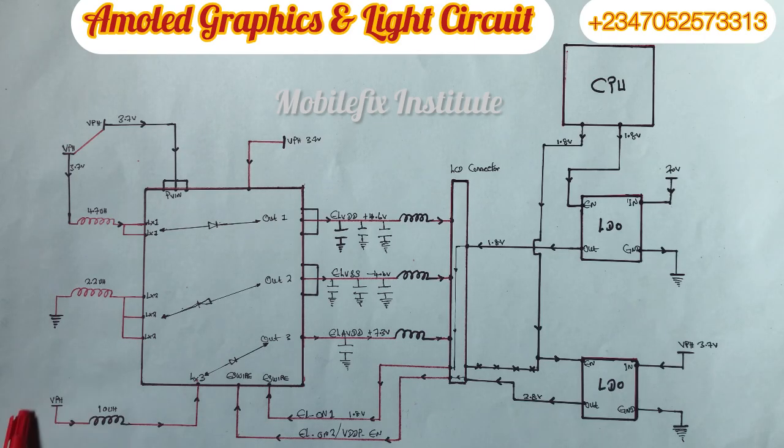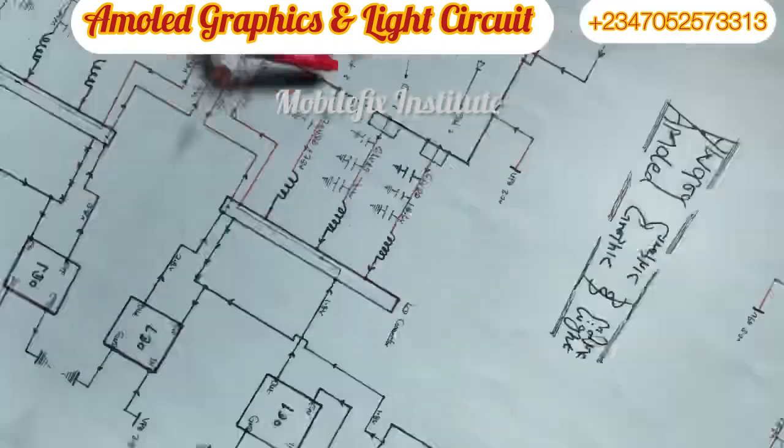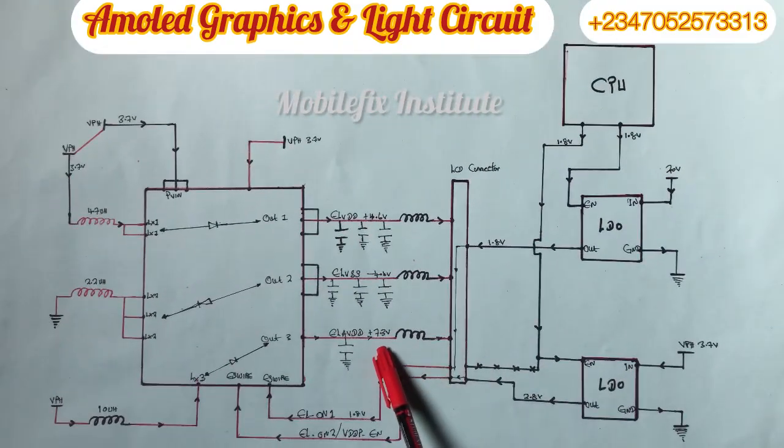Now this coil comes from our VPH line, that's our charging IC line, VPH, and then it enters our third switching line. This line comes out and generates this output voltage, ELVDD, plus 7.32 to plus 7.6.